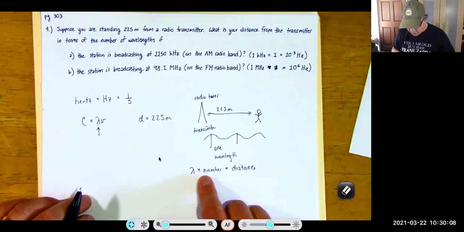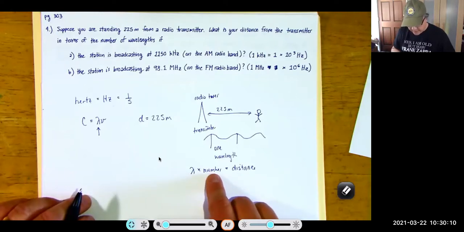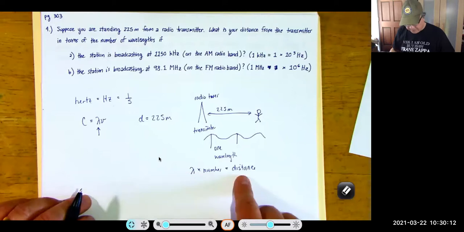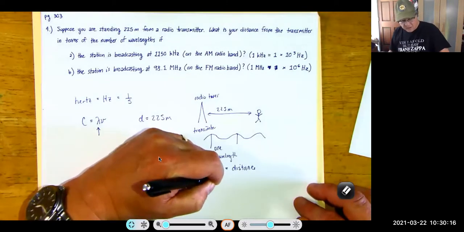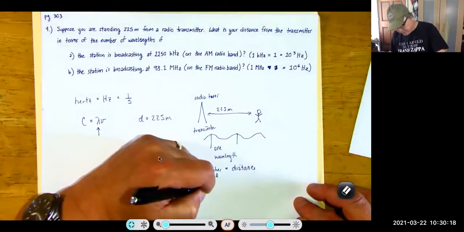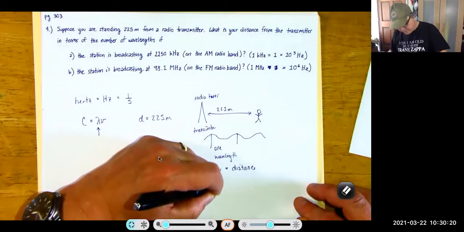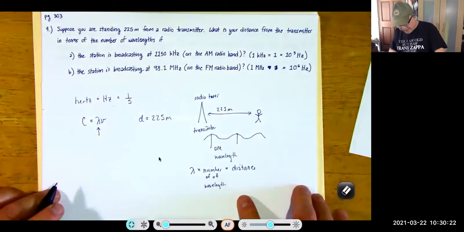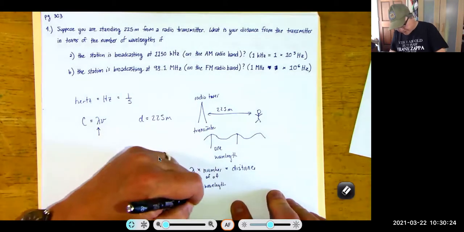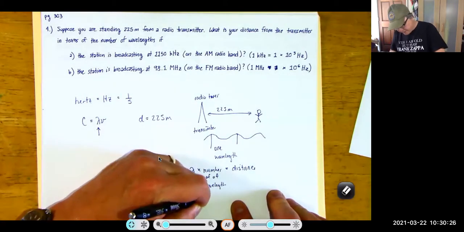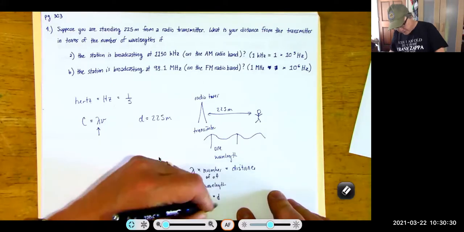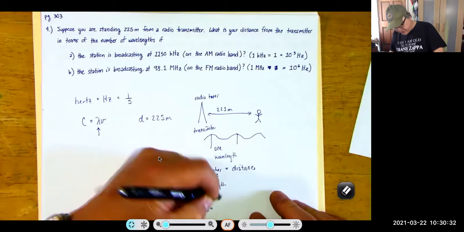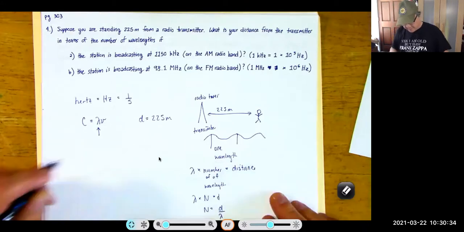If you have 2 wavelengths, the distance will be double. So this is the number of wavelengths. I'm going to write this as n, so the wavelength times n is equal to the distance. Then the number is equal to the distance divided by the wavelength.